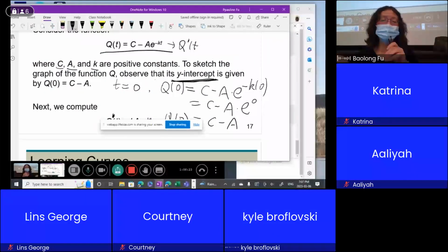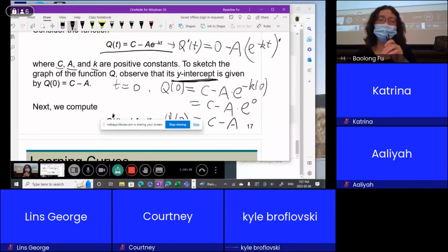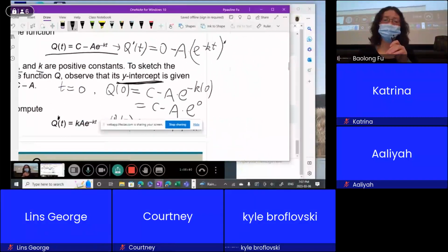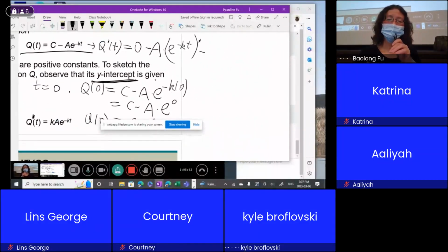What is the derivative of Q? So equal to the derivative of constant C is 0. Then take derivative of negative A E negative KT. And then it is equal to negative A.